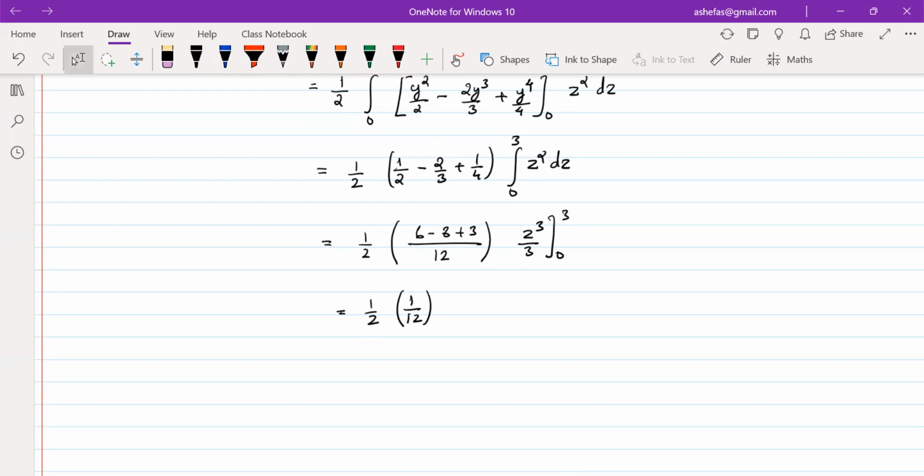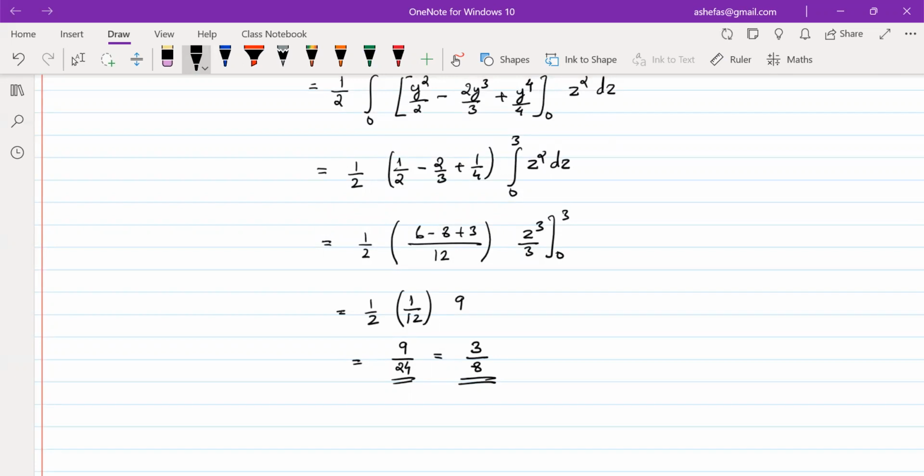Then z cube by 3 will be 3 cube by 3, that is 3 square, equal to 9. So it would be 9 by 24. Okay, so this can be written as 3 by 8. So that's all about this volume integration.